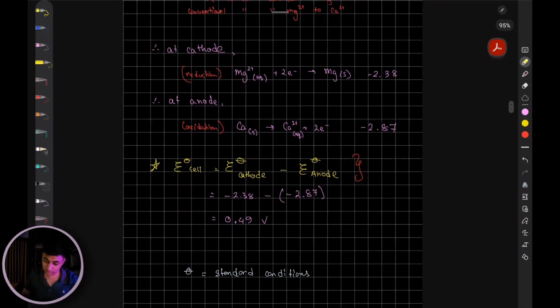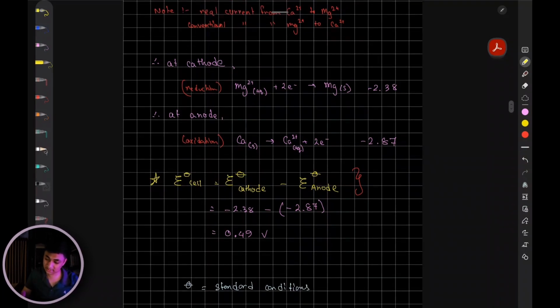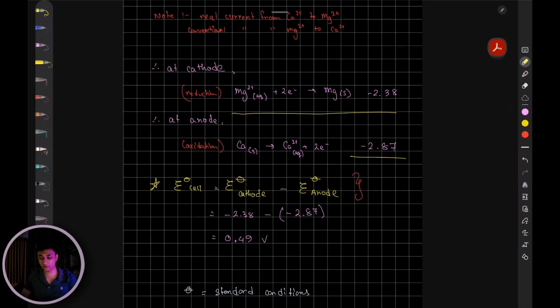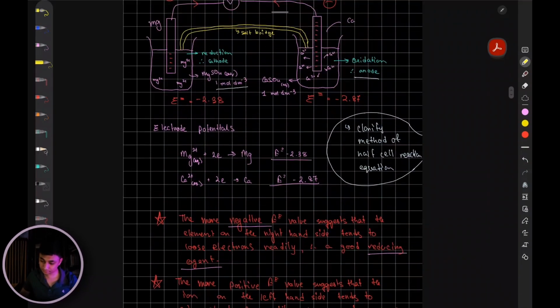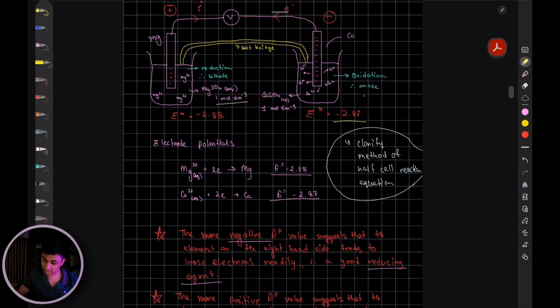So you're going to write what your electrode potential is at the cathode. What is your electrode potential at the cathode? Minus 2.38. What is your electrode potential at the anode? It is going to be minus 2.87, right? Minus 2.87 at the anode.